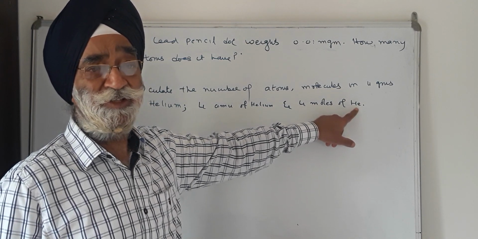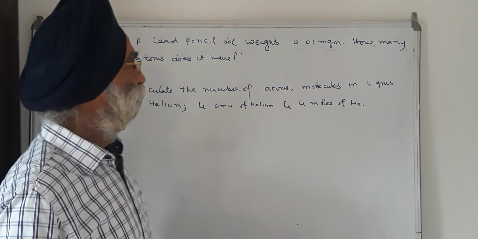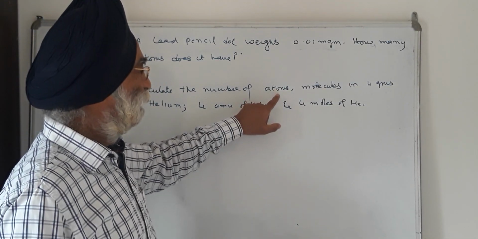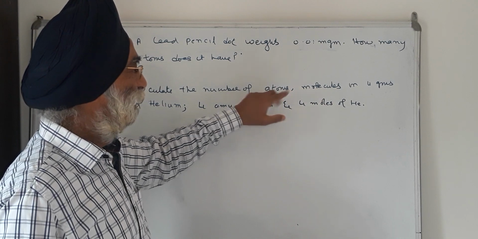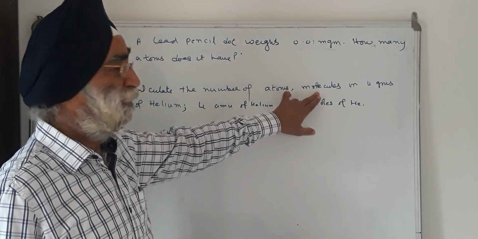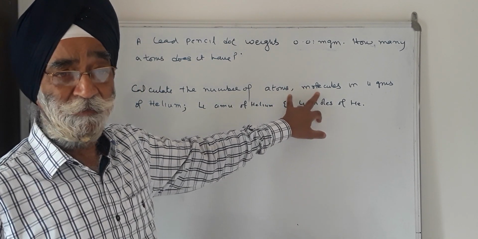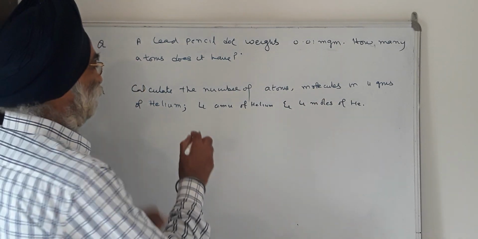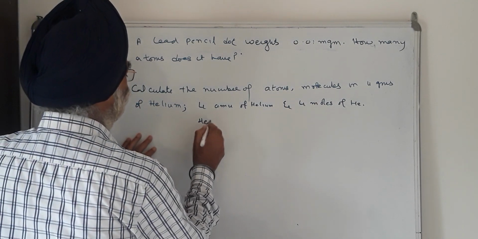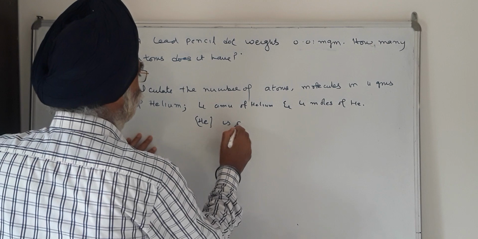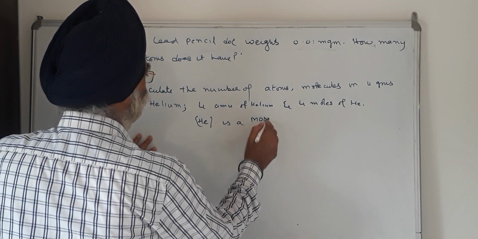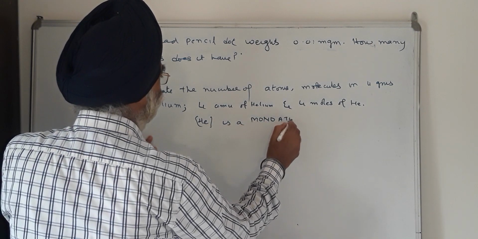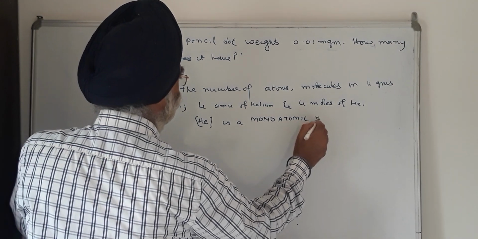Why it is not He2, why it is He. So there is practically no difference between atoms and molecules of helium. But we will write, helium is a monoatomic molecule.